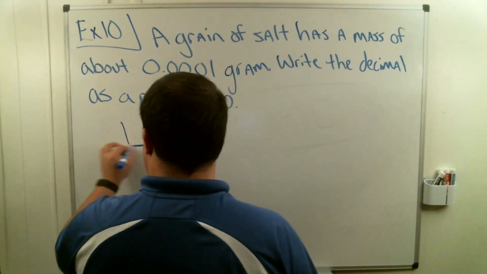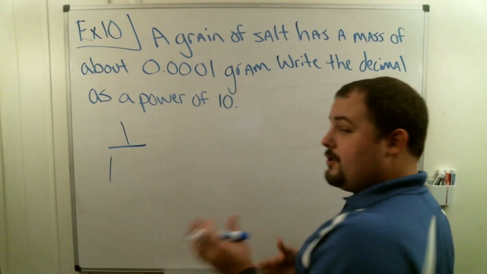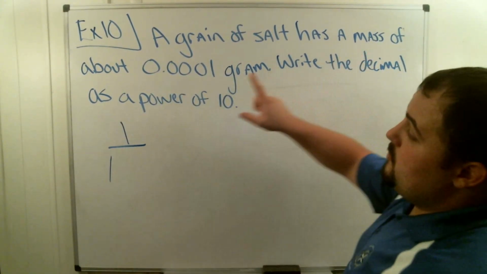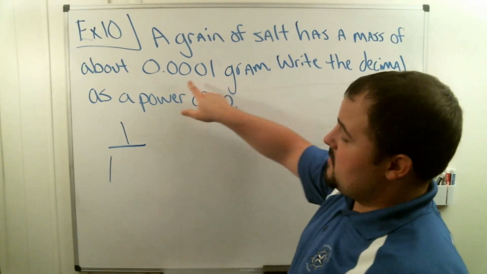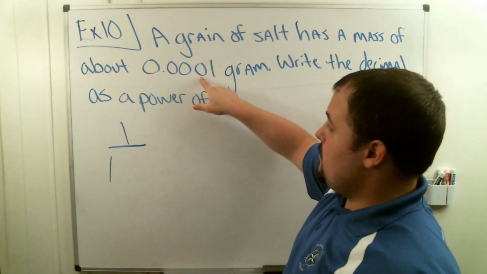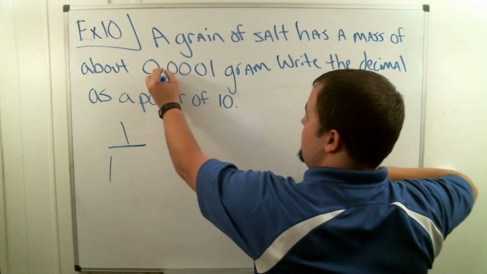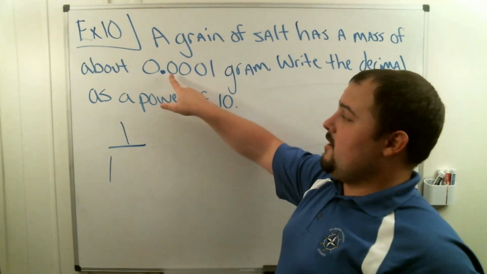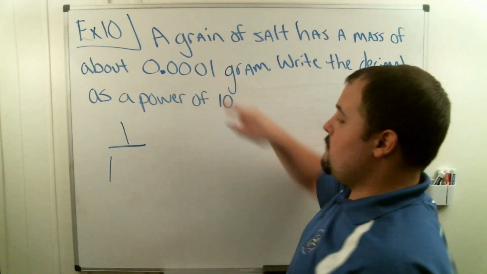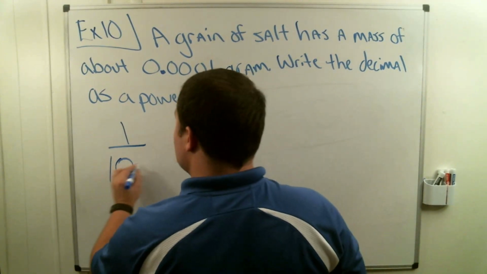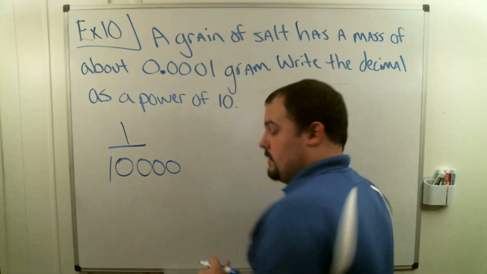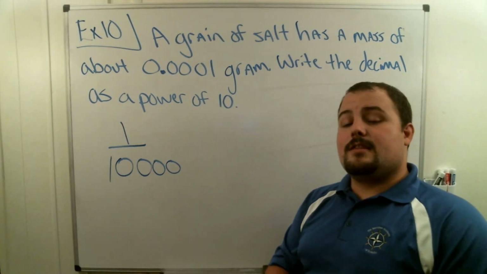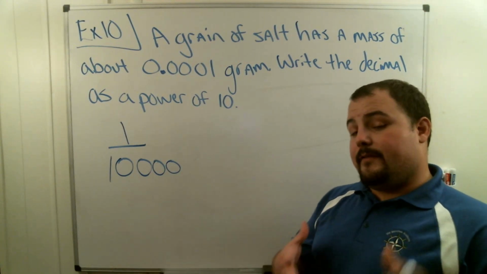So this is 1 over 1. Now again, if you didn't know that's 10,000, what you do is you count how many numbers are behind the decimal. There's 1, 2, 3, 4 numbers behind it. So what you do is make it a 1 followed by 4 zeros. So again, it's 1/10,000th gram of the weight.